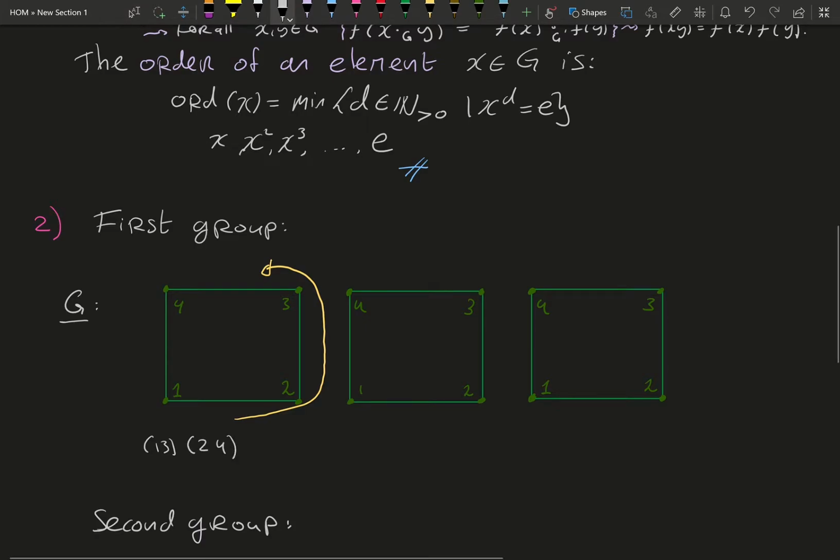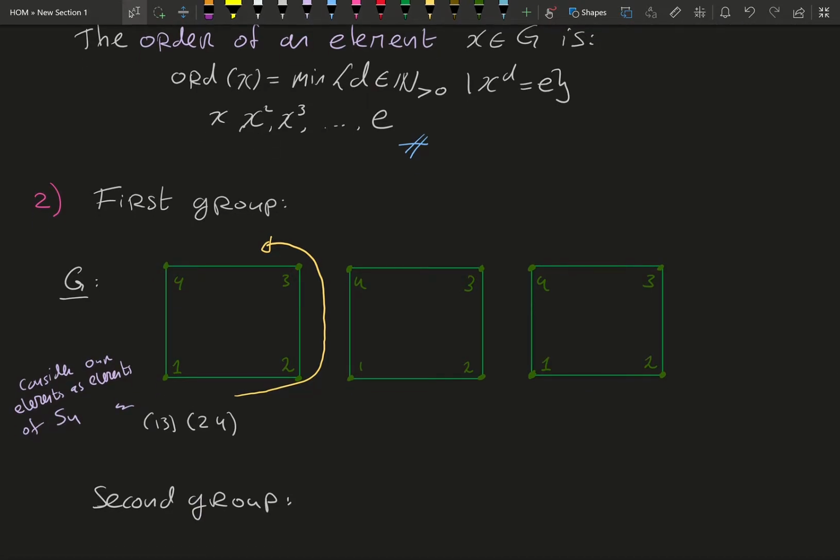So this notation is just when we consider our elements as elements of S4. So remember, S4 was the group of bijections on 4 elements, and this rotation of my square gives a bijection on the 4 corners. So I'm going to represent this rotation just by what it does on the corners, like so.